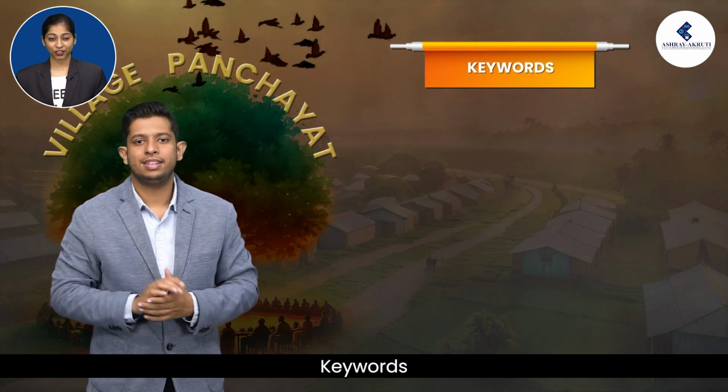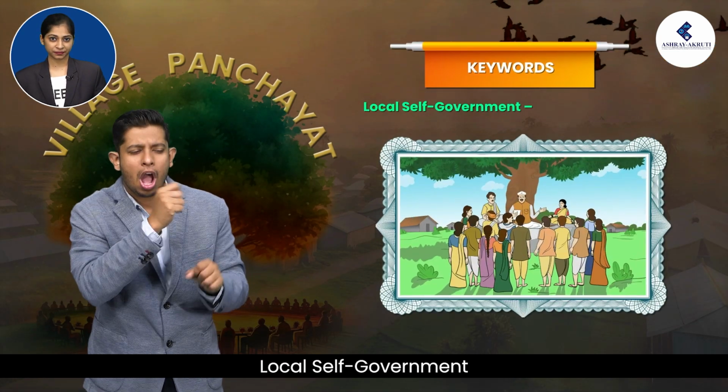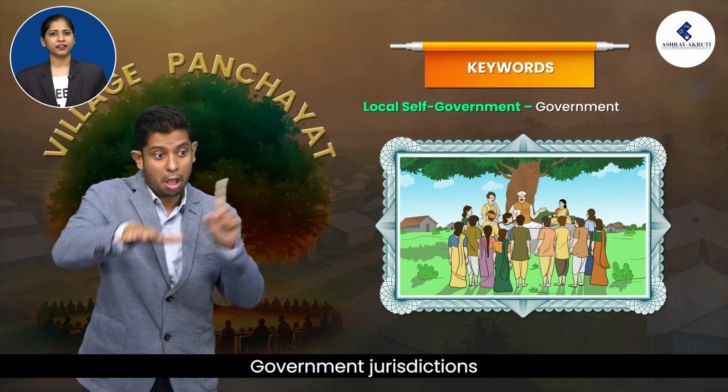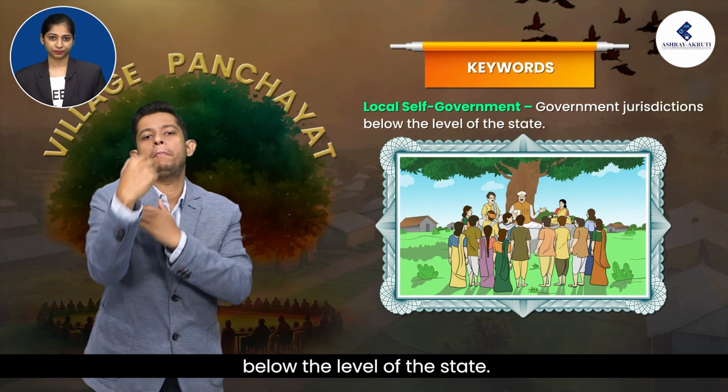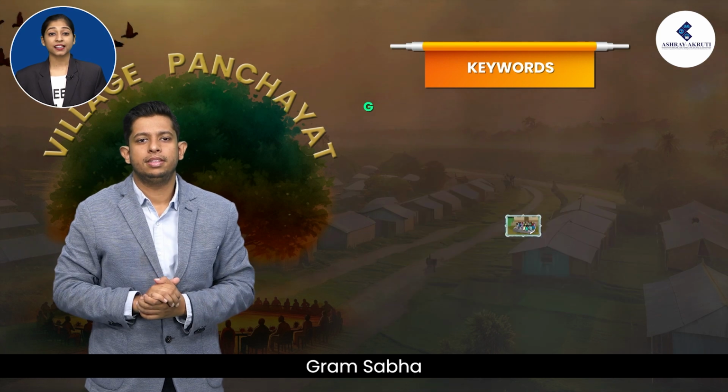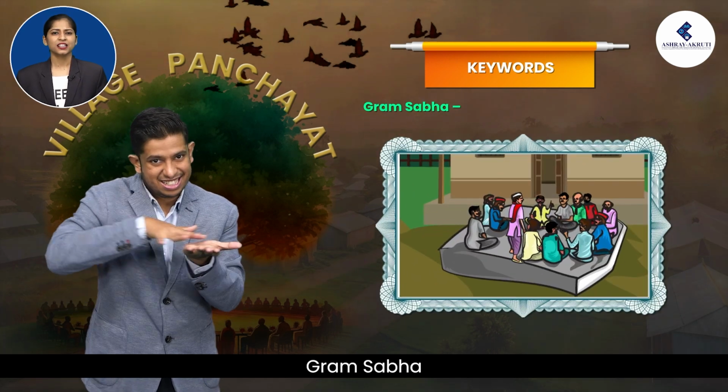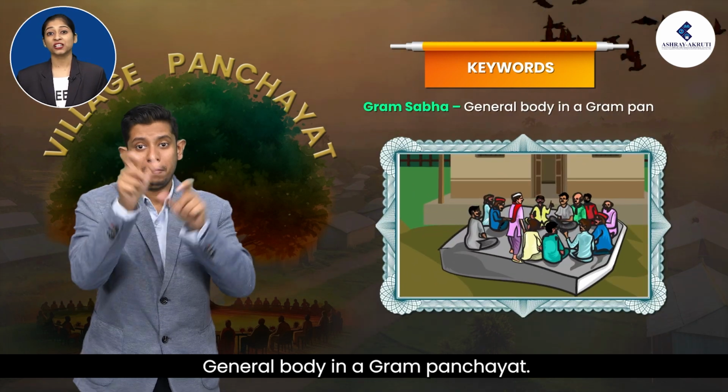Keywords. Local self-government: government jurisdictions below the level of the state. Gram Sabha: general body in a Gram Panchayat.